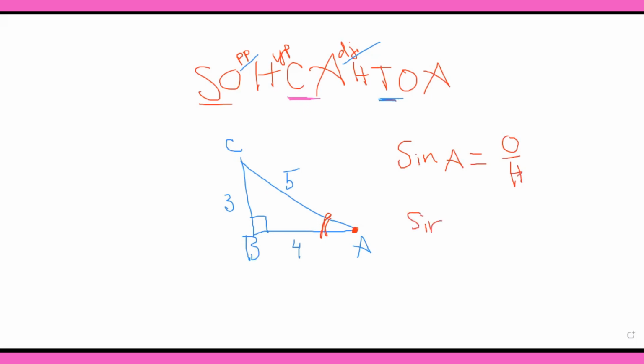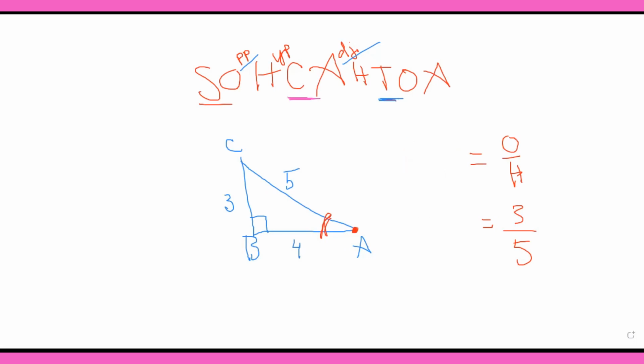So for us, sine of A in this scenario would be opposite of our angle, which in this case is 3, and our hypotenuse is the big diagonal, so in our case would be 5. So in that case, the sine of A would be 3/5. And we would always want to reduce if we needed to our reduced fraction. So that one's already simplified.